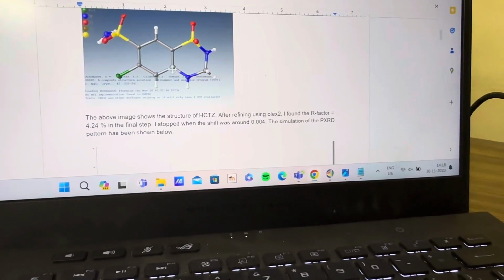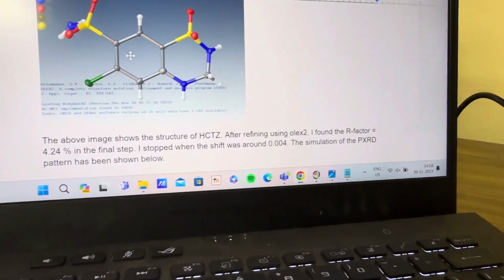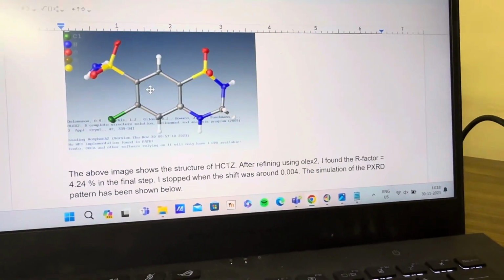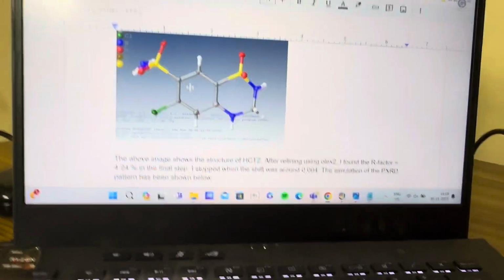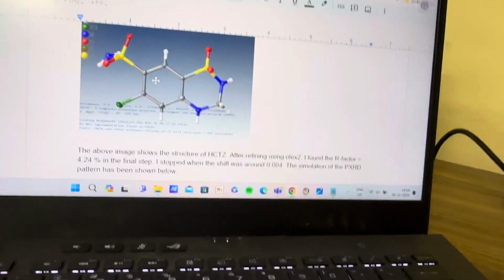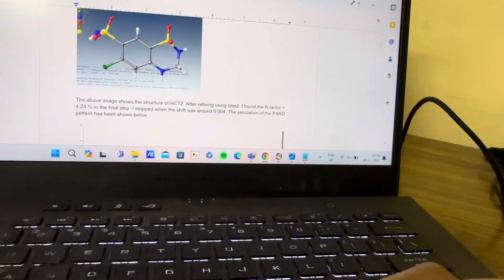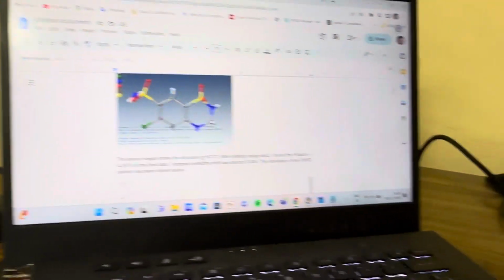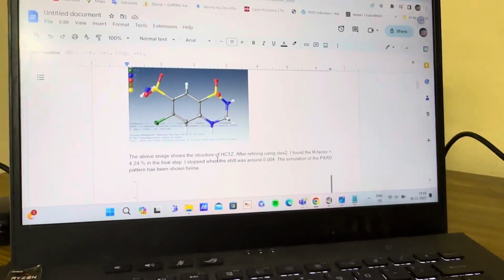As you can see here, I have used the ellipsoid function as well, which takes the thermal spreading into account. I kept refining it until I found the R factor to be 4.24%, which is acceptable.